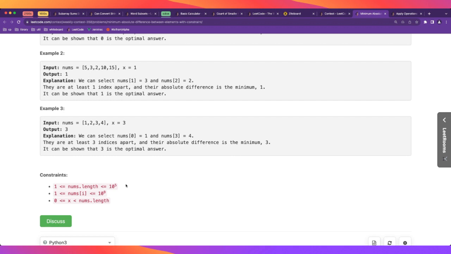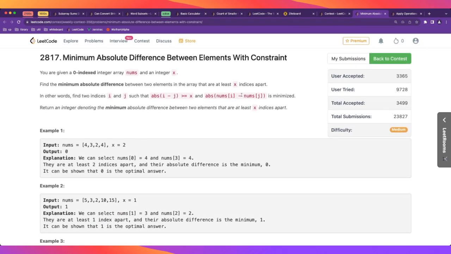That might take like a minute on a standard computer, or at least more than the time limit.